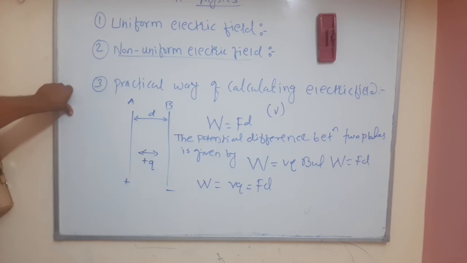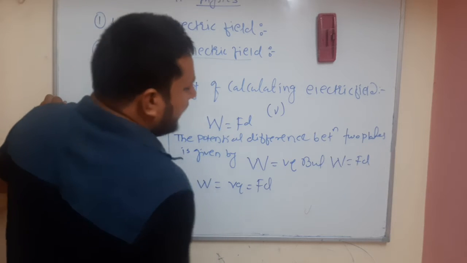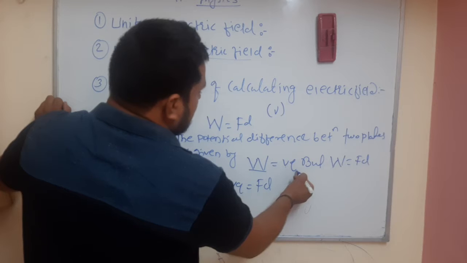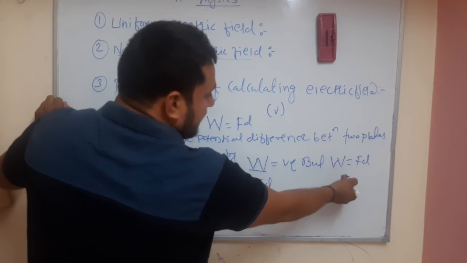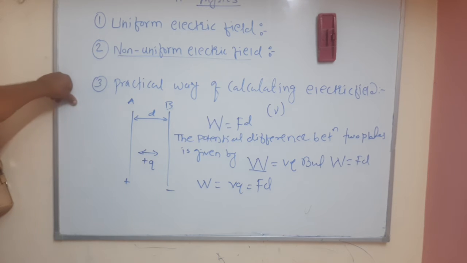Therefore we can say VQ equals FD, on the basis of W equals potential difference into charge, while work done W equals FD, which is the standard value.